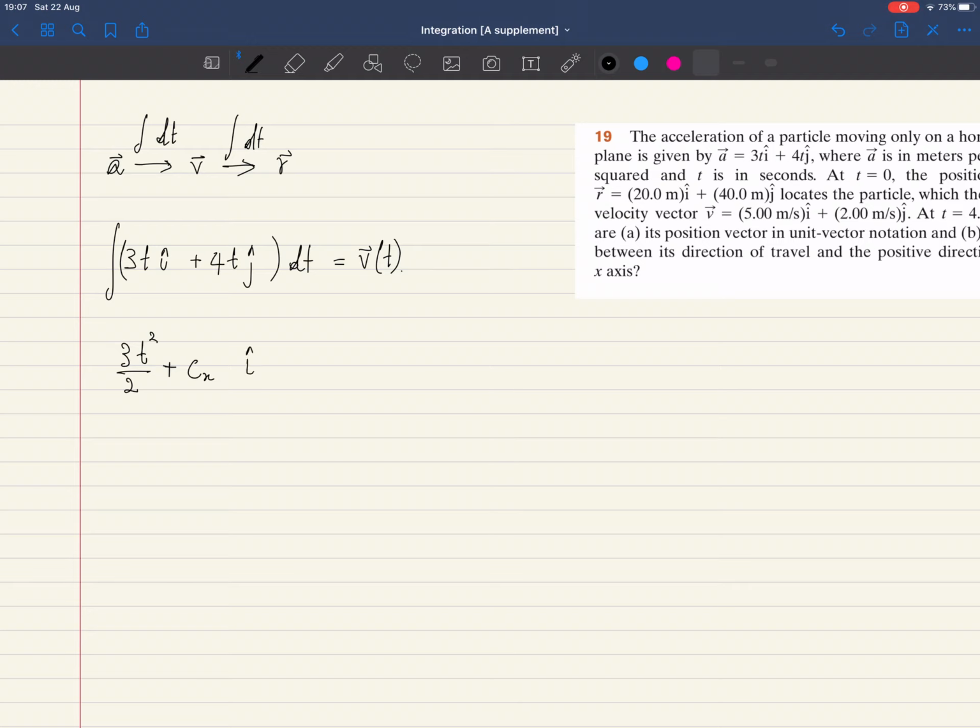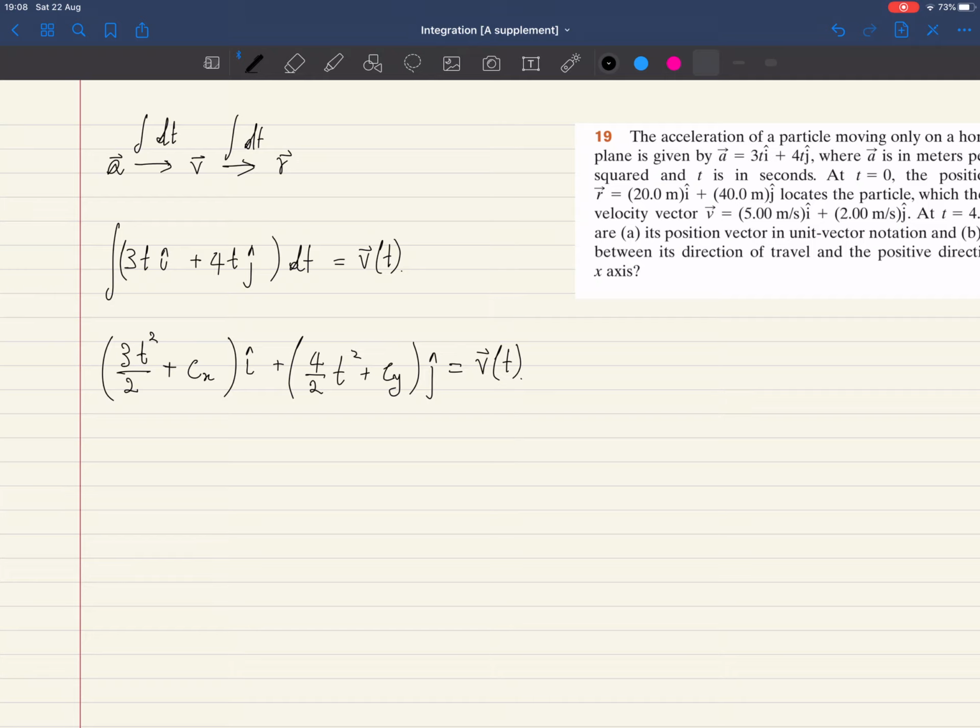And this will make up our i hat component. Let's carry out the same procedure in the y component. We will end up with 4 over 2 t squared plus c sub y, and this will make up our j hat component. So we would effectively have our velocity function.